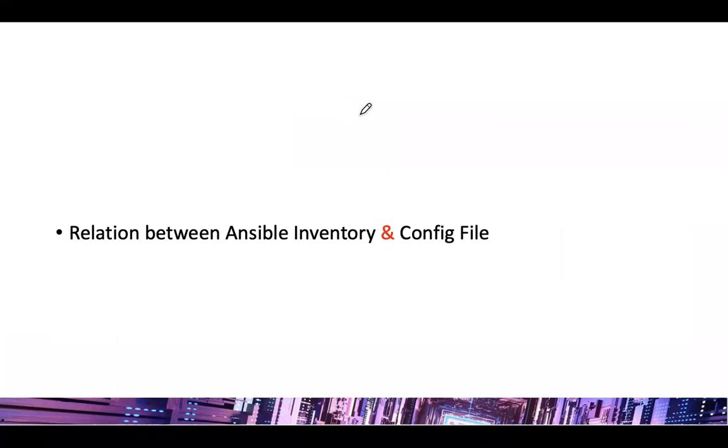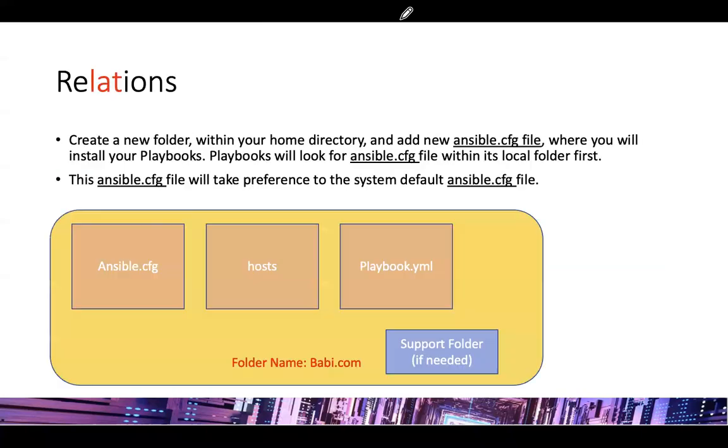So now we're going to understand the building blocks. We learned about the key terms, but now we have to understand how these key terms are connecting, how they are working closely with each other. By default, when you install Ansible on your control node, it will be installed with some default configuration.